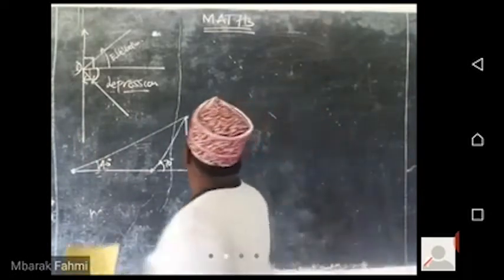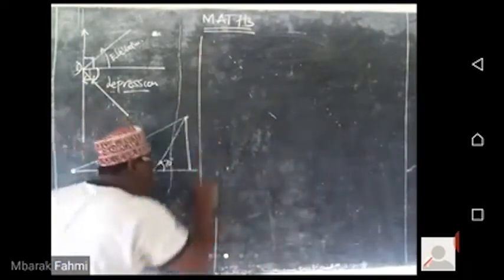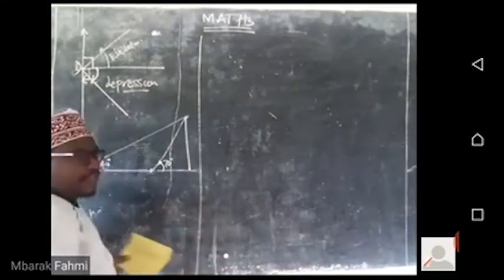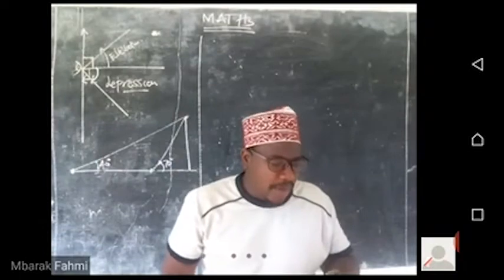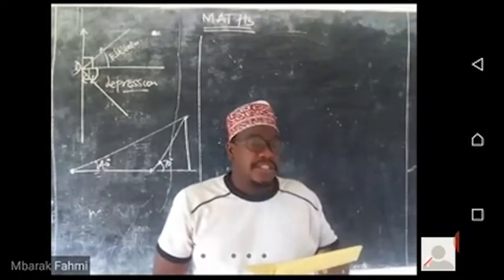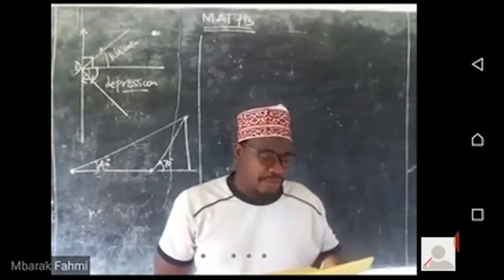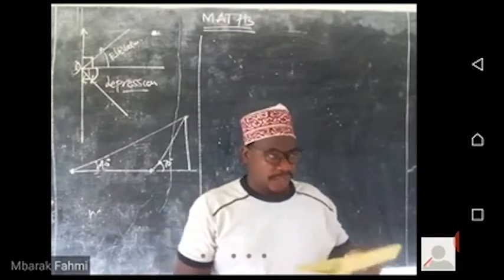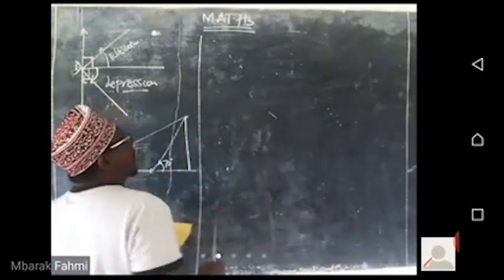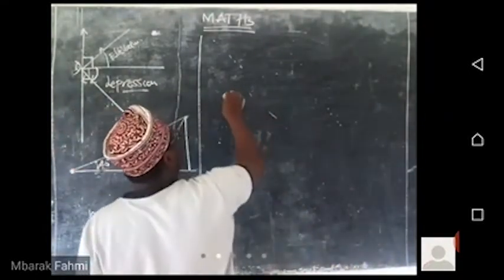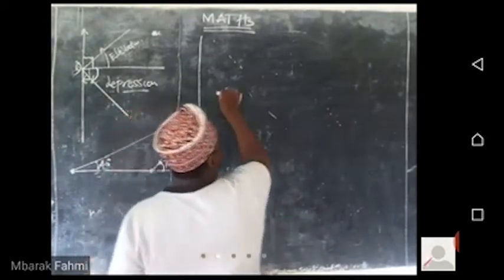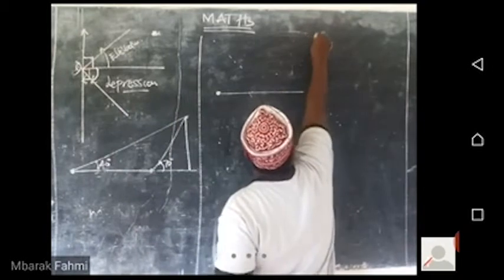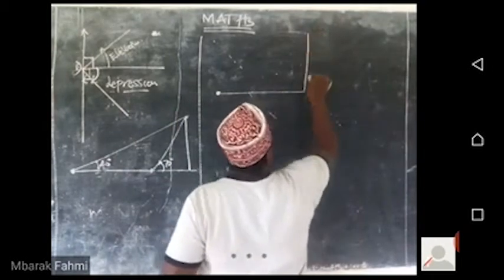So using those concepts, we can now check on this. Mwenda is 15 meters away from the bottom of a tower. Let's say Mwenda is somewhere there, and the tower is somewhere there.